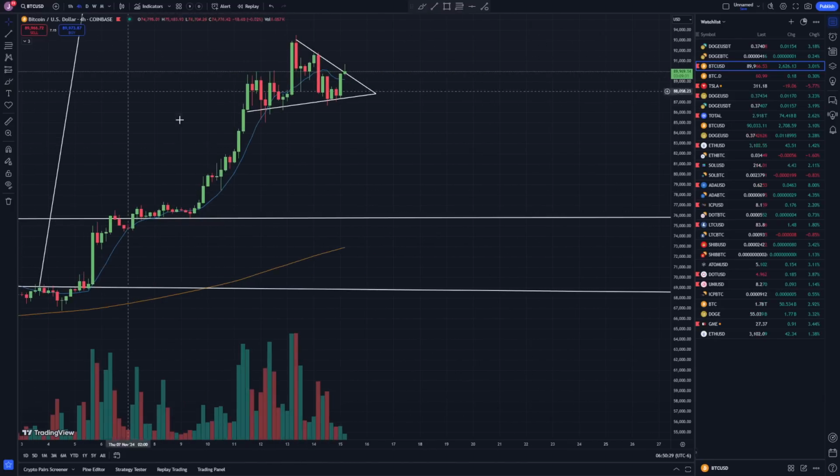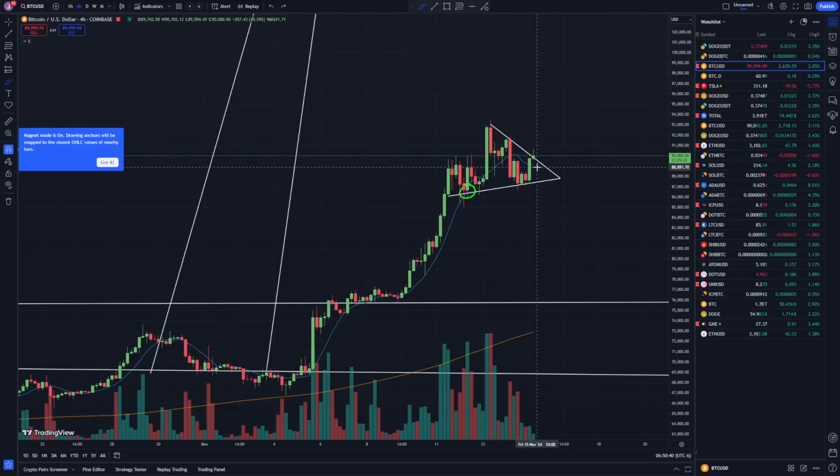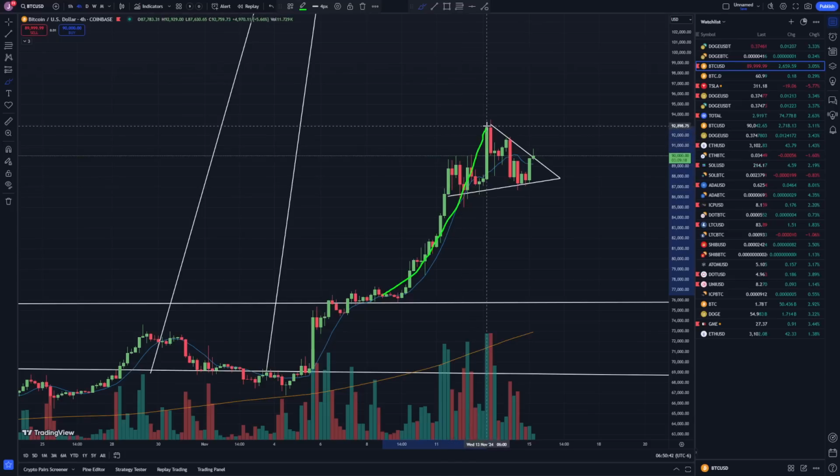Okay, so here's what I'm looking at. I'm on the 4-hour time frame of Bitcoin right now. We have support, resistance, kind of like a little triangle pattern. Same thing on this chart, guys. We have a big run up, consolidation. All we have to do is break that resistance, and then maybe we can drag from the bottom of the run to the top of the pole.